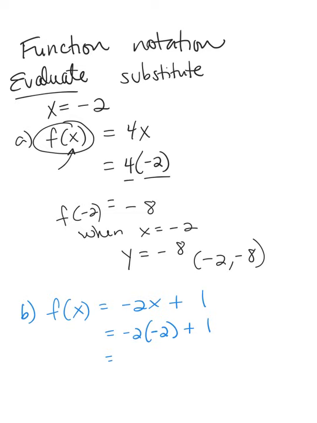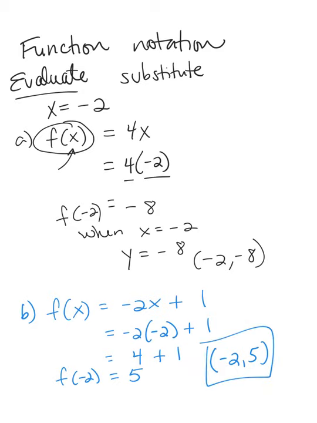What's -2 times -2? 4. And then you add 1. That's 5. So this means my ordered pair is -2, 5, because 5 is my y. When x is -2, y is 5. So that would be my answer.